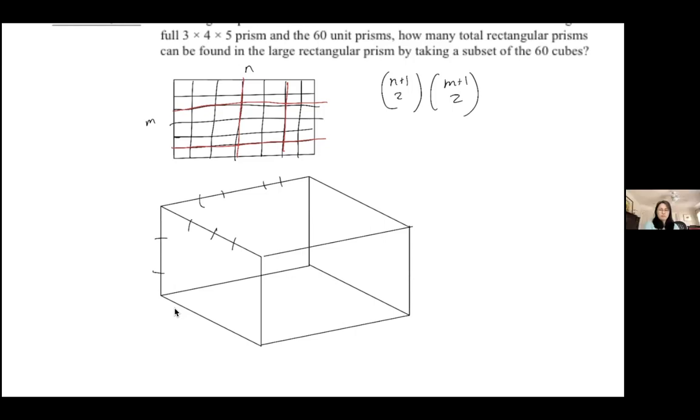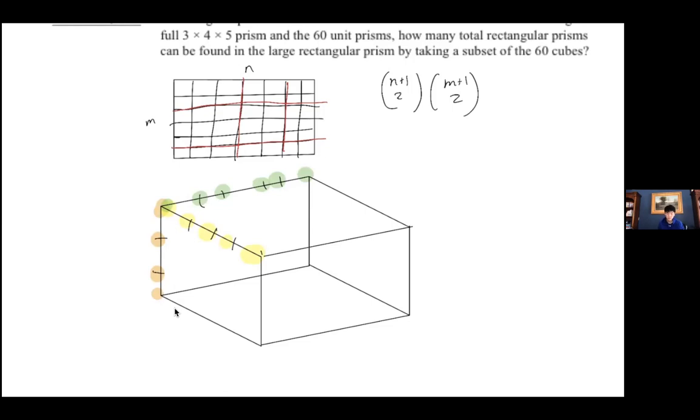Okay, and so we draw out the 3 by 4 by 5 rectangular prism. Now we're trying to figure out how many total rectangular prisms can be found inside of it that are subsets of the 60 unit cubes. So we can once again choose one pair from the 4 planes, and then one pair from these 5, and then a pair from these 6.